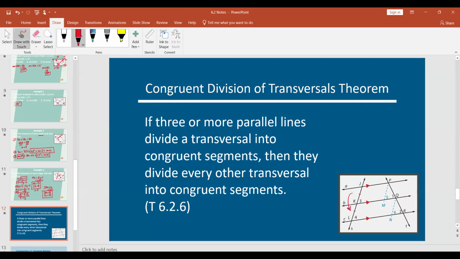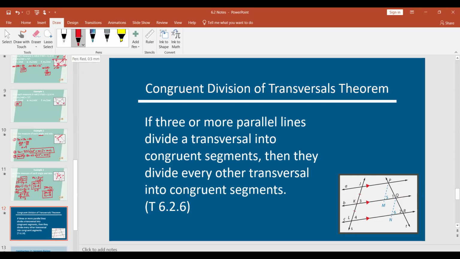You can see how they've marked this. These two segments, JK and KL, are both congruent. That also means that angle 3 and angle 4, the consecutive exterior angles, I don't remember right now, are also congruent, and the angle at the top right on point J is also going to be congruent to those other two interior angles.